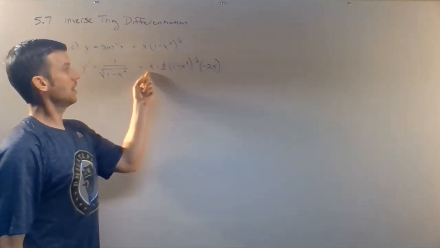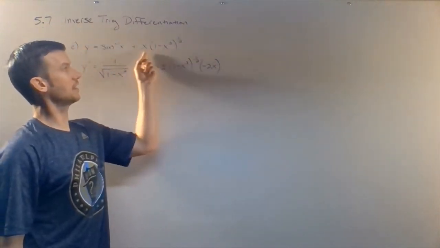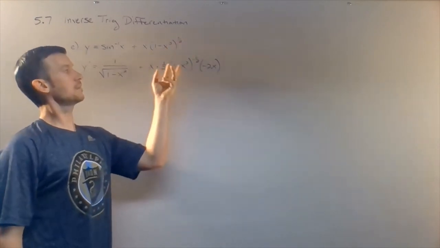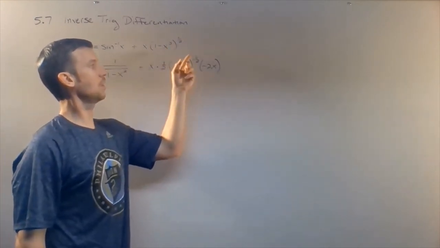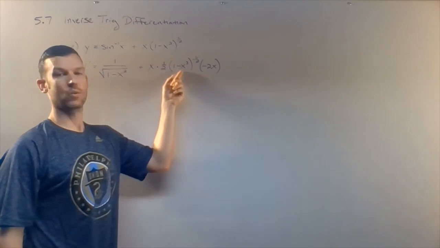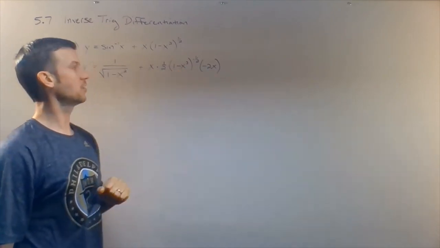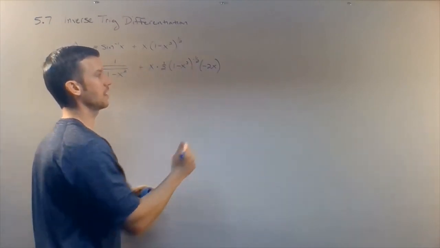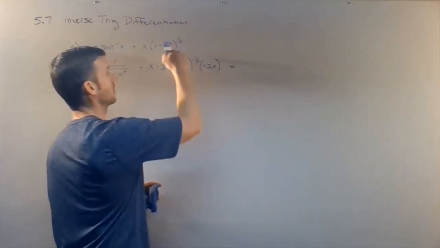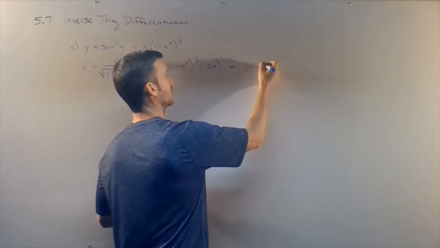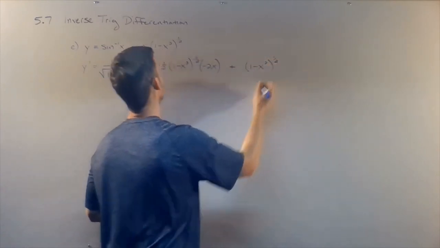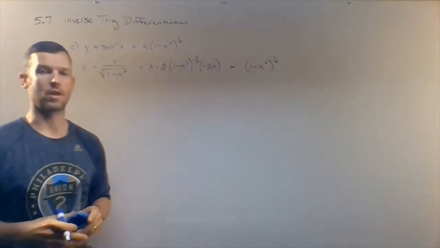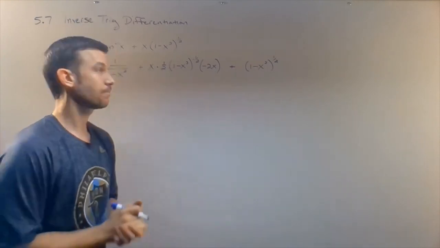Alright, so first x times the derivative of the second, that's chain rule. 1/2 times 1 minus x squared to the negative 1/2 times the derivative of the inside, so times negative 2x. But that's only half of my product rule. First times derivative of the second. Plus second, 1 minus x squared to the 1/2 times the derivative of the first, which is times 1. So this is the calculus step.